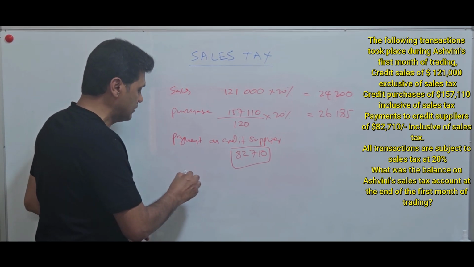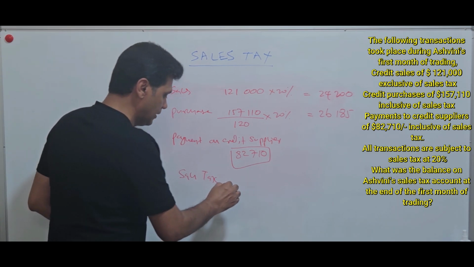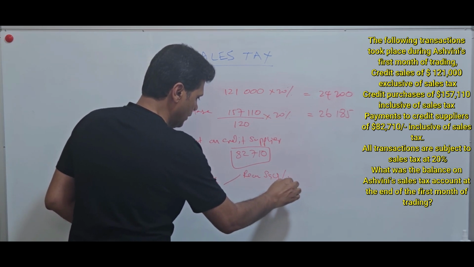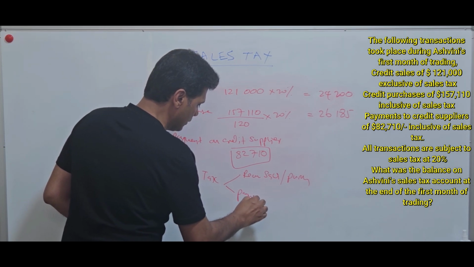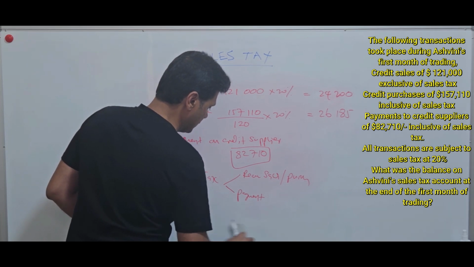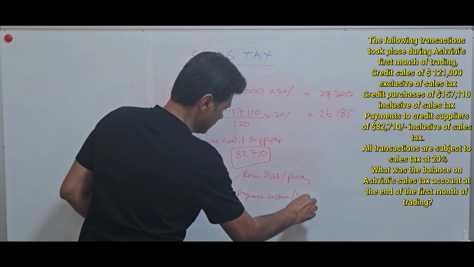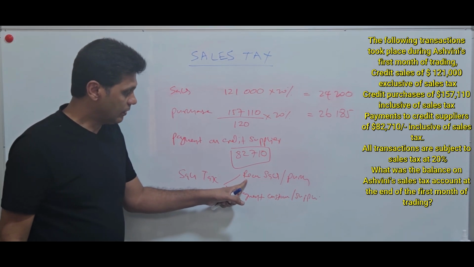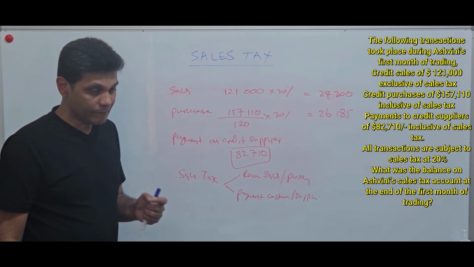Do we record sales tax at the time of recording sales and purchases, or at the time of payment to customers and suppliers? At which point do we record sales tax?